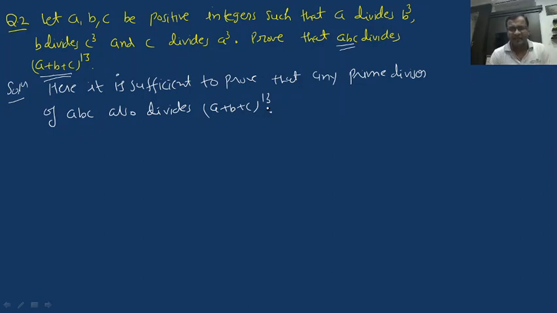If we show that any prime divisor of ABC also divides (A + B + C)^13, then our job is over. Then we can say that ABC also divides (A + B + C)^13.